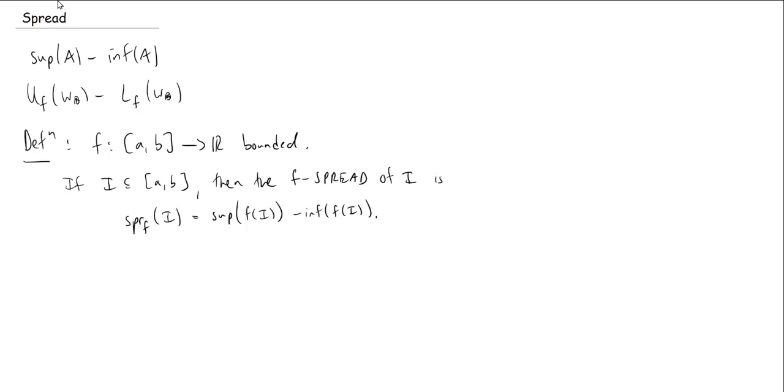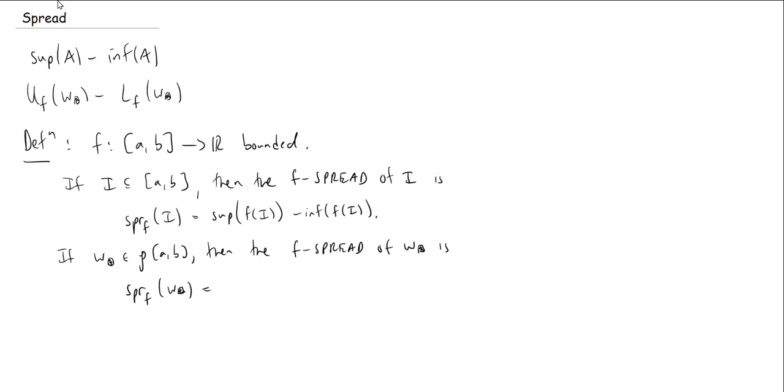As we do integration, we're very often going to want to apply this when we have a partition. So if I have a partition W of the interval [a, b], the f spread of W, using the same notation, is evaluated on the partition.